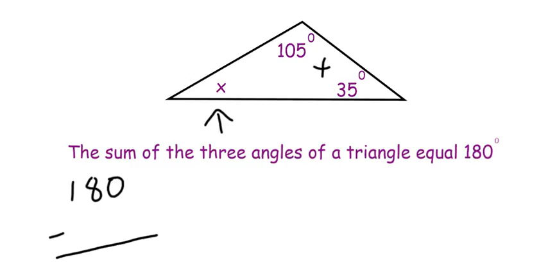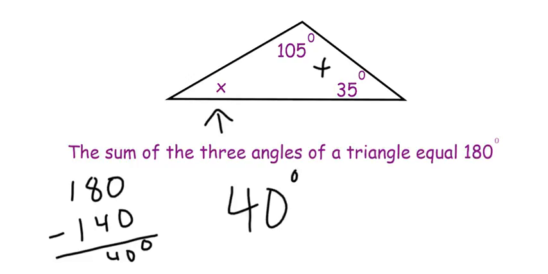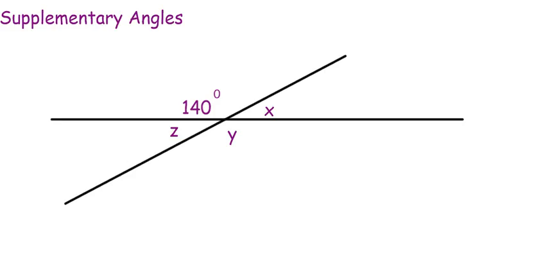So 105 plus 35 gives me 140. And from there, 180 minus 140 equals 40. And of course, we put the degrees in there. So let's write my 40 bigger. Boom, 40 degrees. So x equals 40 degrees.